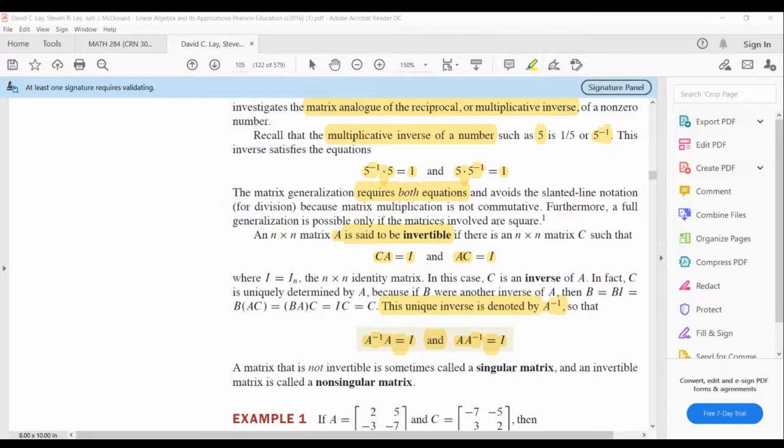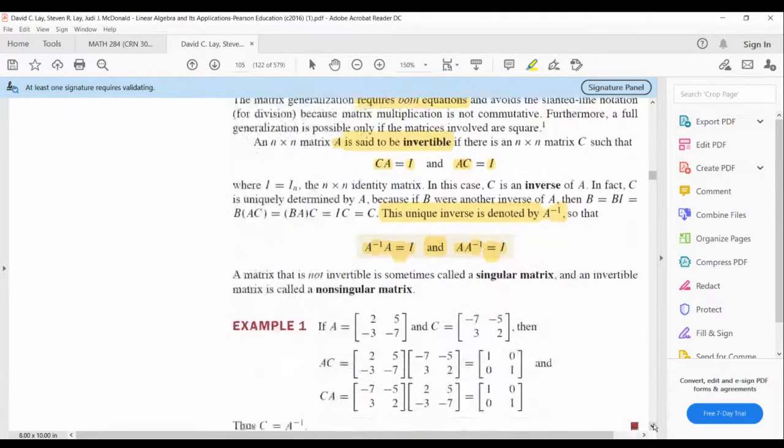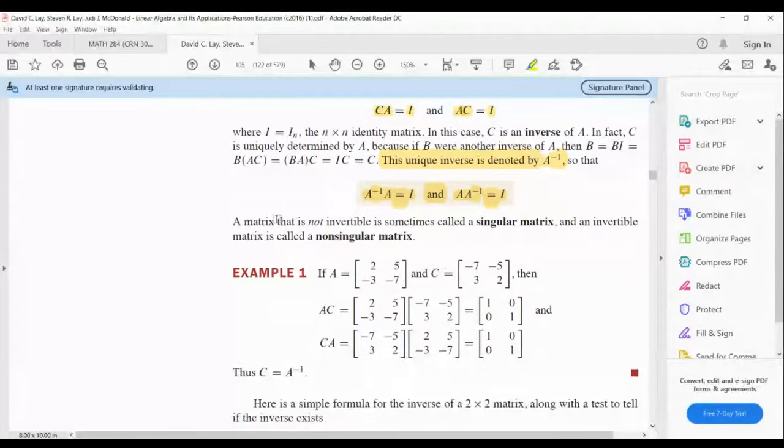And the thing is, not every matrix is invertible. When we talk about invertible matrices, we're talking about square matrices, matrices that have the same number of rows and the same number of columns. An invertible matrix would be a square matrix, but not all square matrices are invertible.